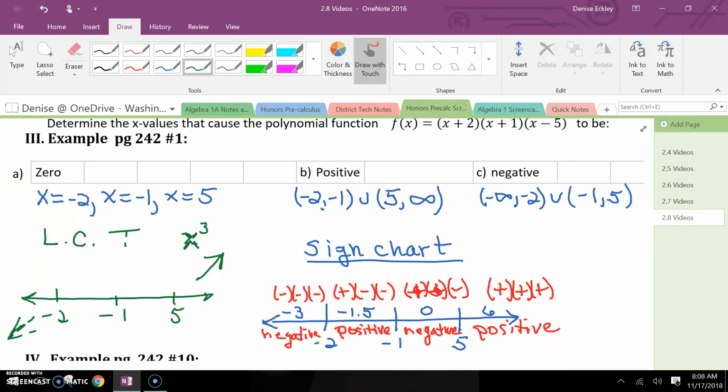So in between, it's just going to go through -2. It's going to come back down through -1 and have to turn around and go back through 5. So I can easily visualize where the positive sections are. I can see that I'm positive here and here, and that the two negative sections are here and here. So I would get the same answers using either one.